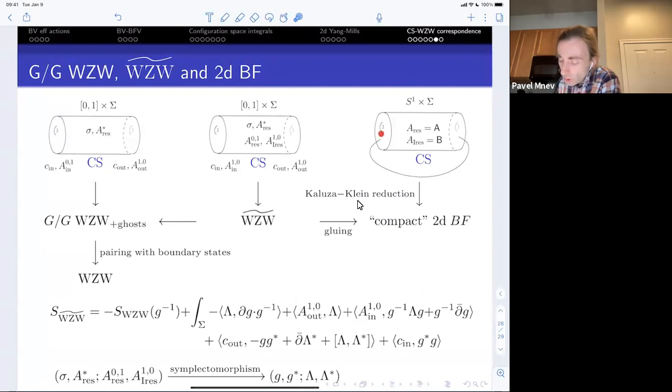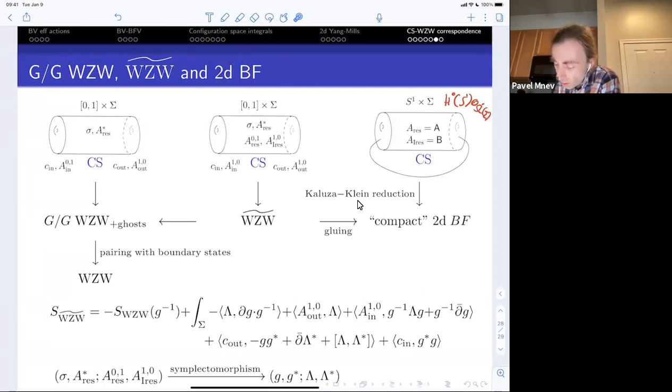And one can also glue the ends of the cylinder. And then it's a Chern-Simons on a circle cross the surface. Then there are a lot of zero modes here. They are just the homology of the circle tensored with differential forms on the surface.